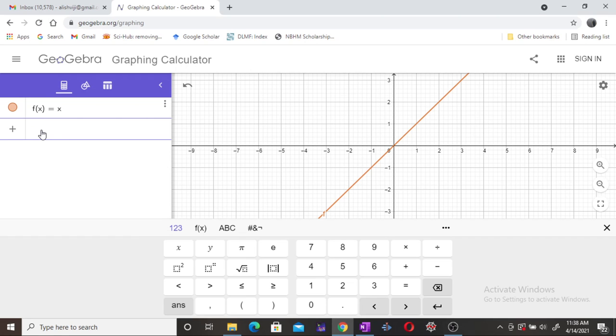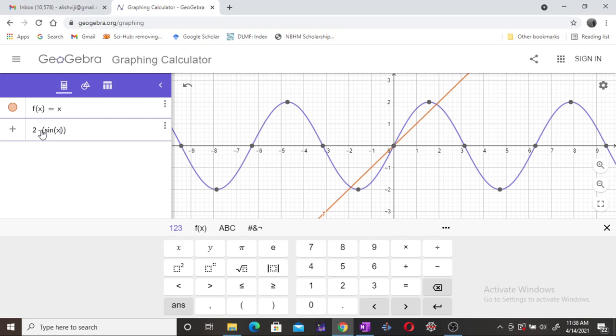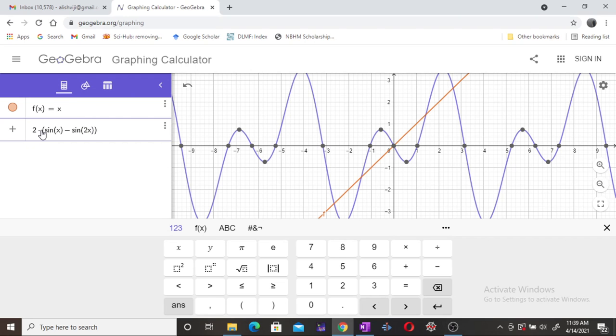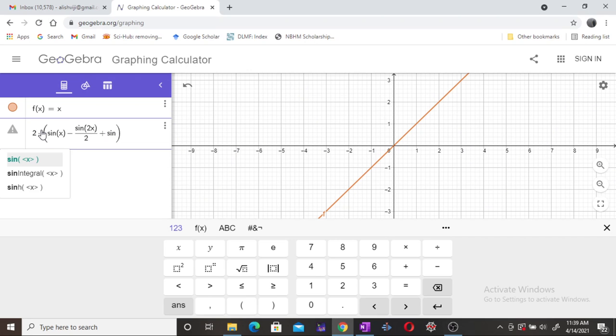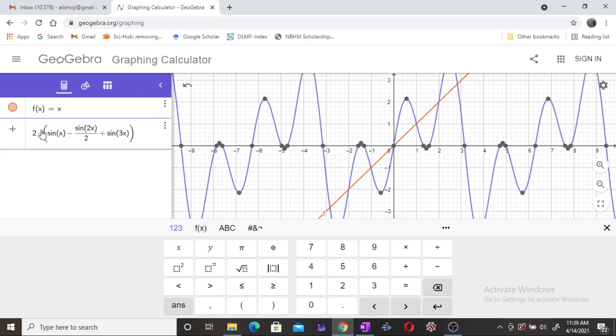So it is f of x is equal to 2 times sine of x, minus sine 2x by 2, then plus sine of 3x by 3.